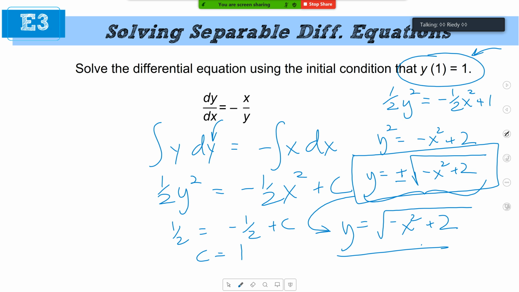Okay, does that rant make sense? Okay. Take the square root. When you do that, decide if it's positive or negative by looking at your initial conditions. Okay, so Cameron, back to your question. There are two ways to solve the problem. One would be exactly the way I did it here.